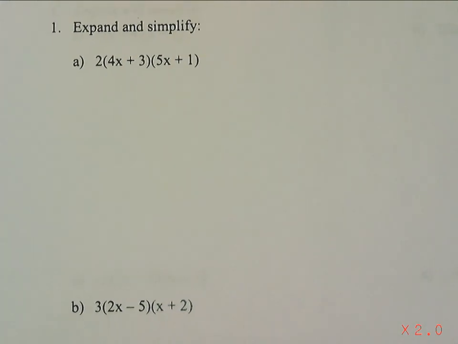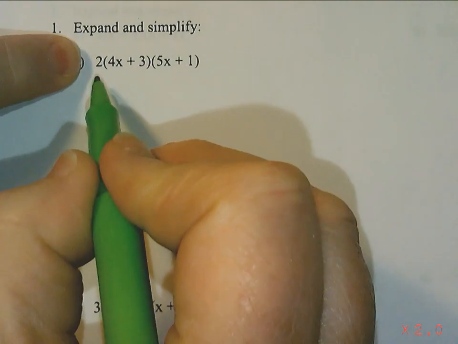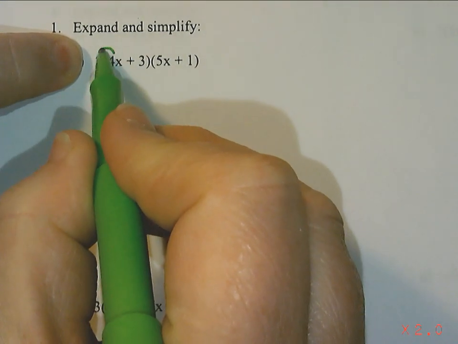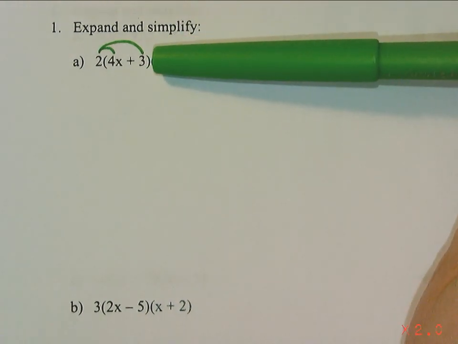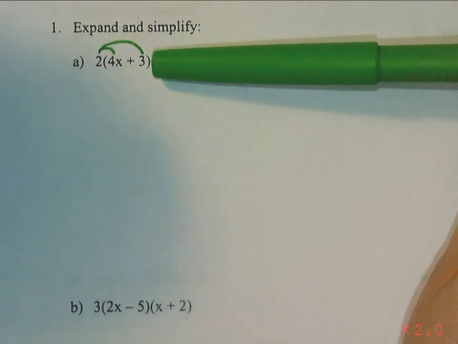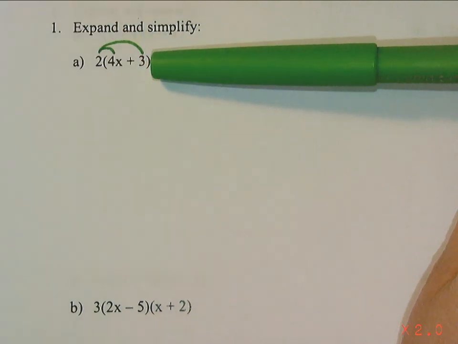All right, so the trick here is to do one part at a time. We're going to move from the front to the back. I'm going to start by taking 2 and multiplying it into the first bracket. So I'm basically just ignoring that second bracket for right now. We're just multiplying 2 into the first bracket.